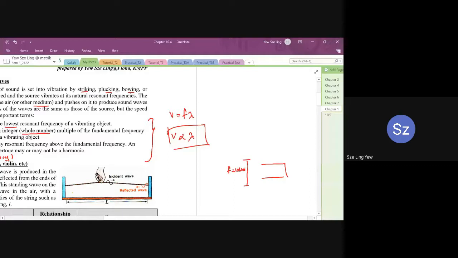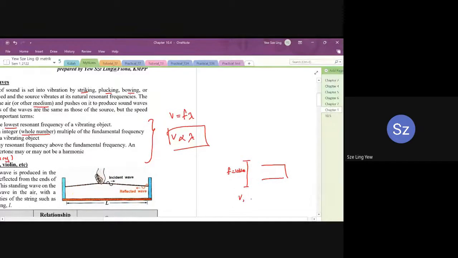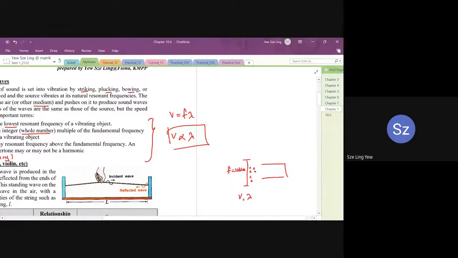This 10 hertz of sound is traveling in the string, so it will have a different set of v and λ. But this sound vibrates the air beside it, and all these particles will vibrate at 10 hertz as well. So the particles inside the tube will have a different set of v and λ, but they still have the frequency of 10 hertz. The things that change are v and λ, because you're looking at a different medium and different situations.